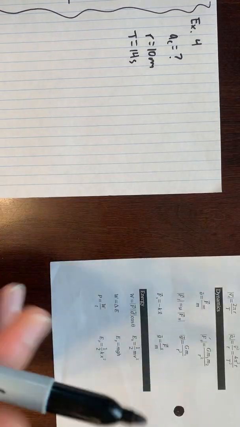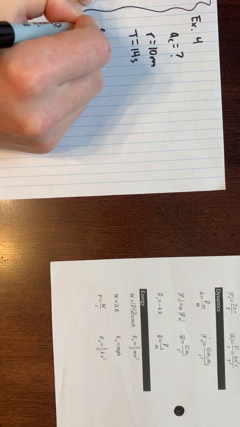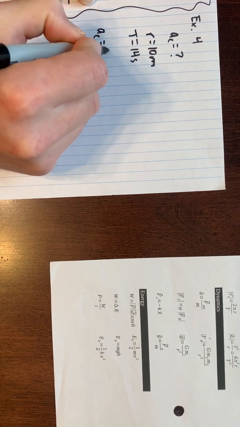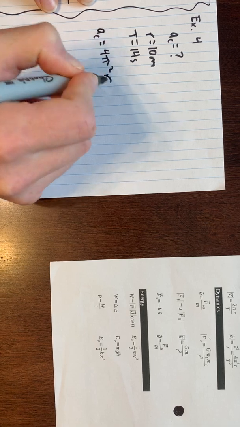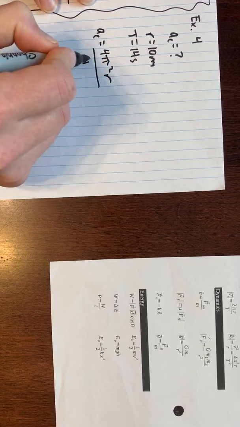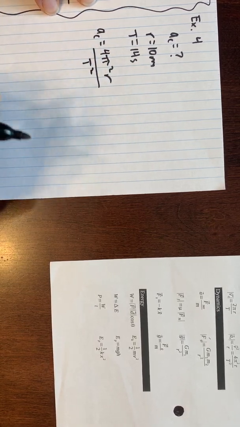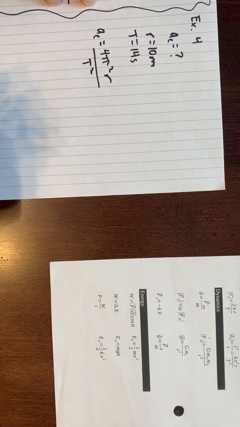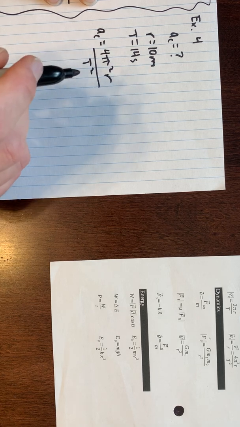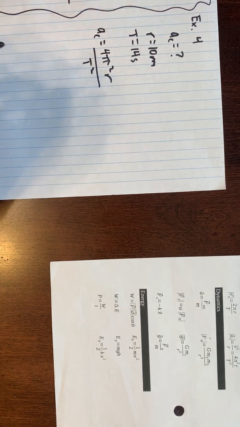So let's use that one. Centripetal acceleration is equal to 4 pi squared r over T squared.